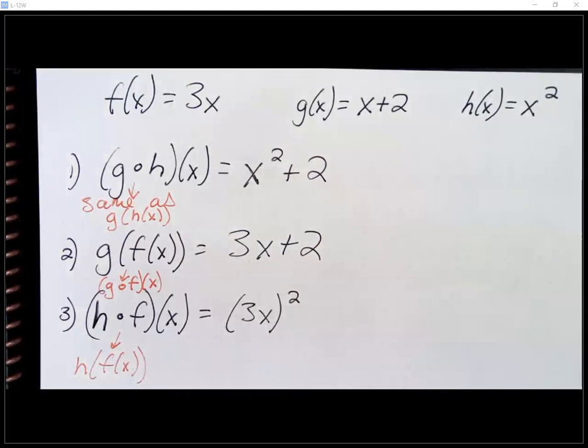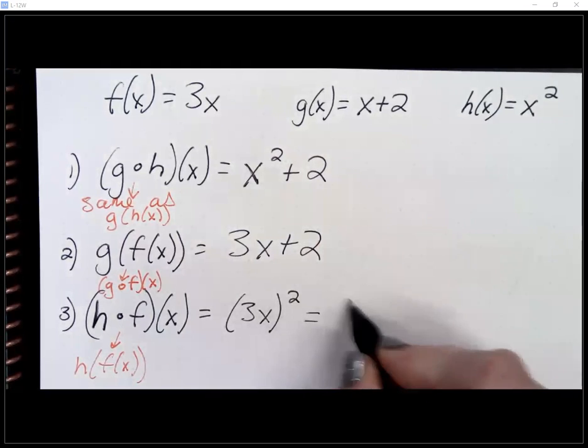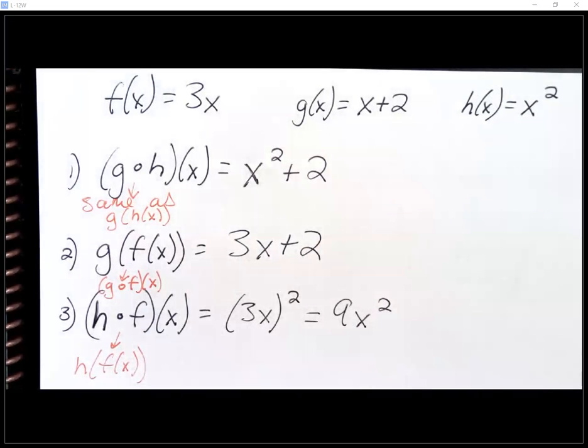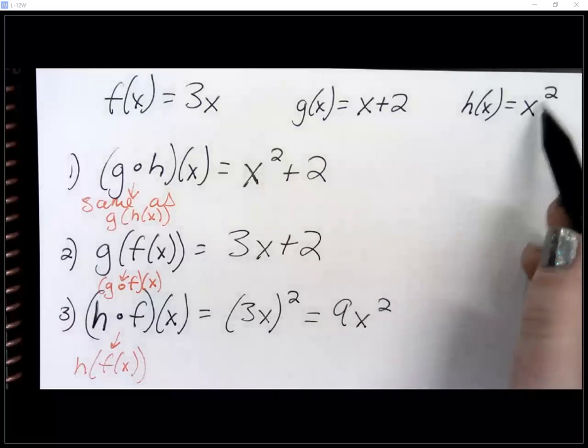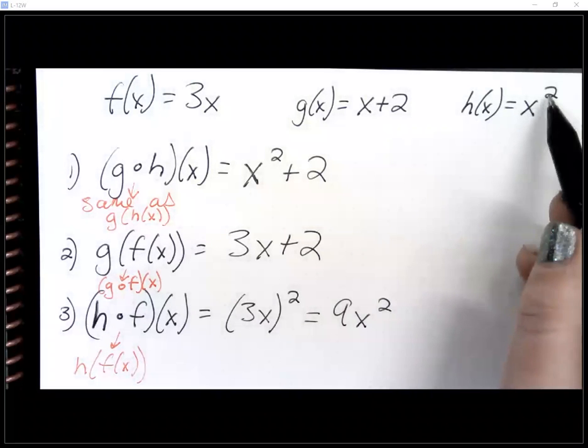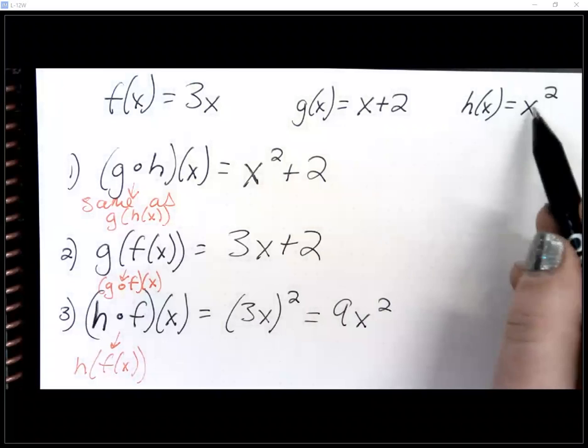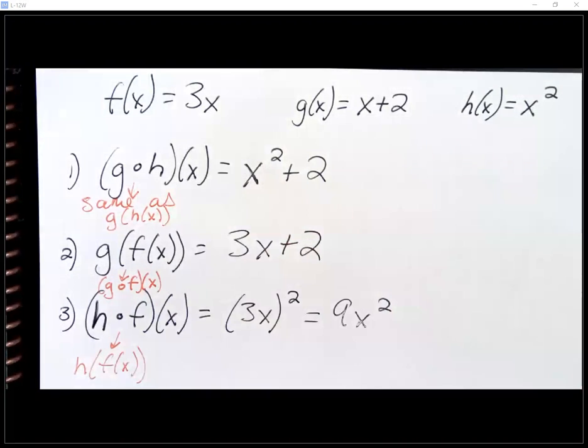So what is 3x squared? 9x squared. Look at your paper and make sure you didn't leave it as just the number 3 and then x squared. Because think about what h is saying. h is saying take all of this and square it. So if you're going to replace that with something like 3x, you have to square all of 3x. 3x times 3x will get you 9x squared. So that would be my final answer.